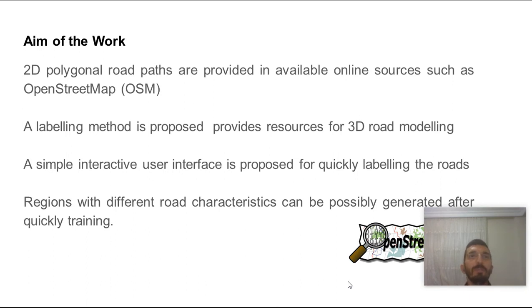We propose a simple interactive user interface for quickly labeling the roads over satellite images. Using our approach, regions with different road characteristics can possibly be generated after quickly training on a subset of the road segments.